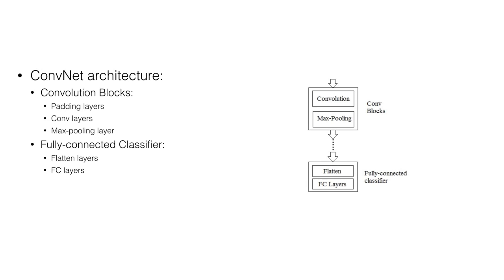After max pooling, we then complete a single convolution block. Several convolution blocks are needed before we get the final input for the fully connected layer. And after the process of the fully connected layer, we get the classification output.